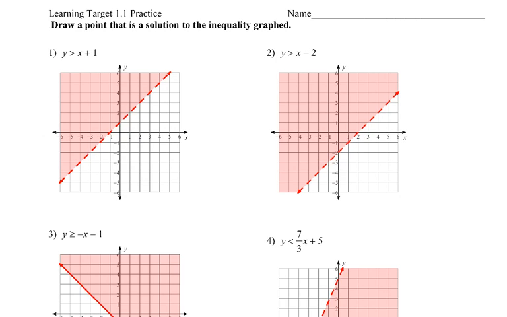All right, so we're taking a look at learning target 1.1, so some practice to make sure we understand what we're doing here. The whole point in this learning target is to understand what a solution looks like in an inequality. The whole point of an inequality is that there's more than one answer, right?